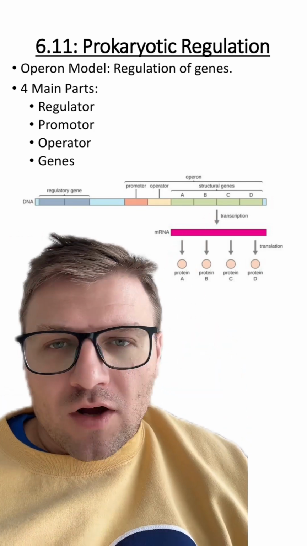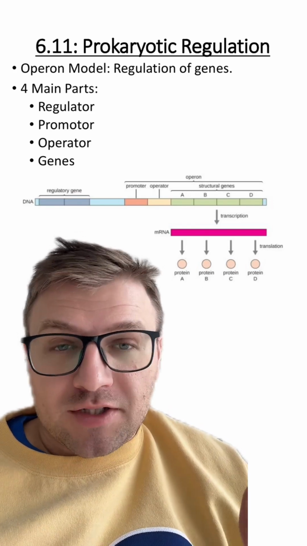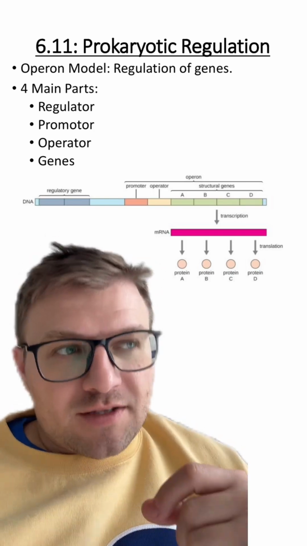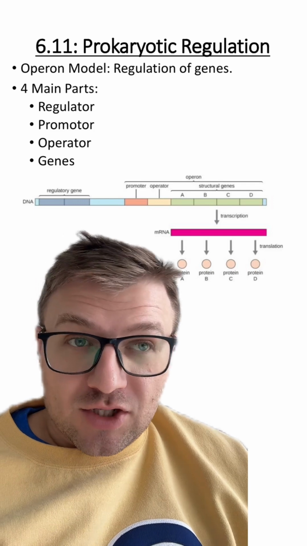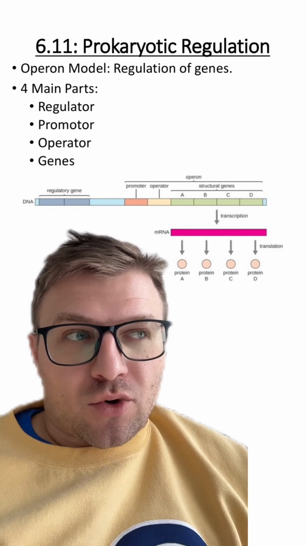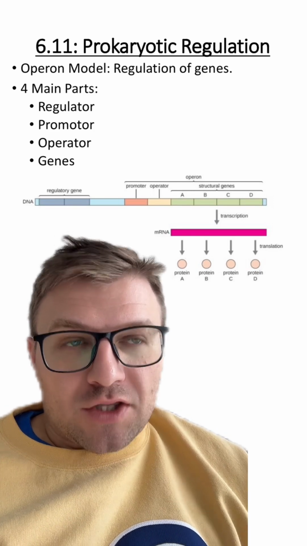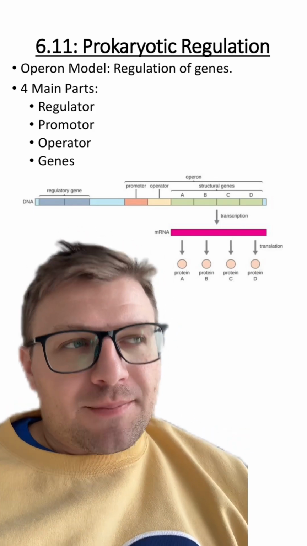The whole goal of an operon is to regulate how much gene expression or how many proteins we are producing. This enables the cell to stop transcription and thus stop translation to make it more efficient. If it doesn't need a protein during some portion of its life, it's going to waste materials if it makes that protein.